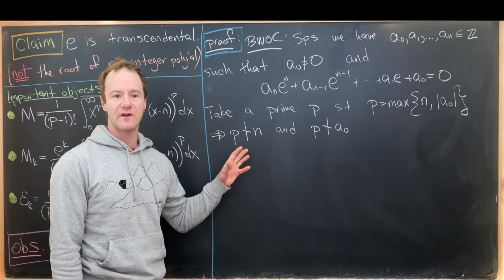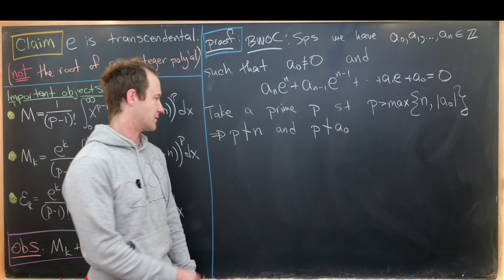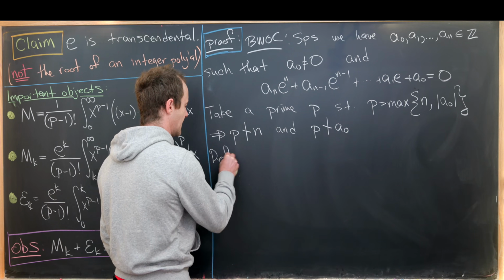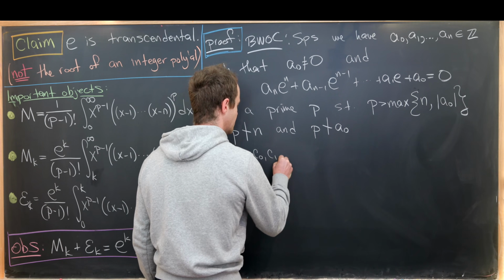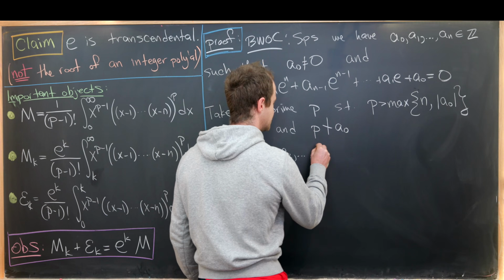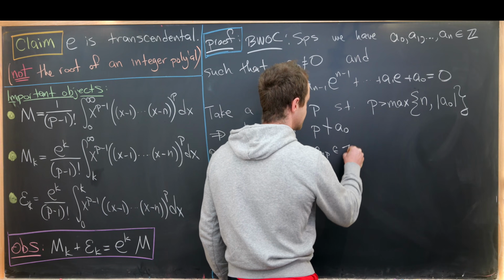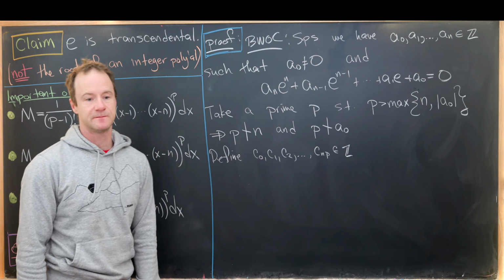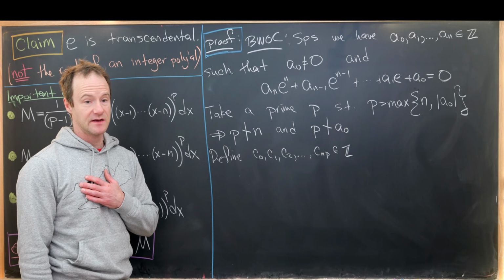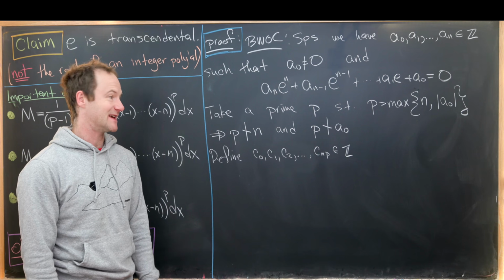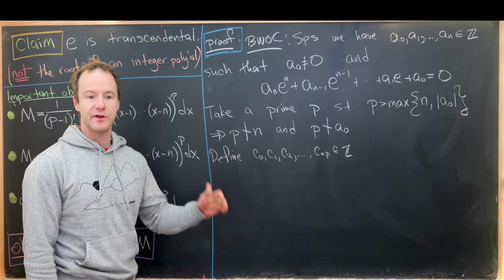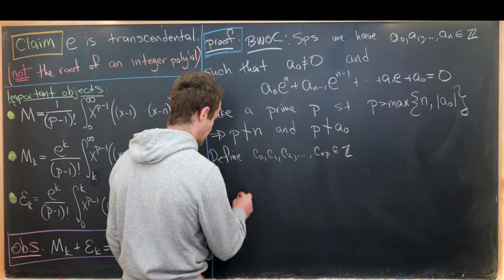Okay, so now that we've got this, I'm going to introduce some more numbers. So let's define C0, C1, C2, all the way up to C np. These are going to be all integers. And how are they defined? Well, they're going to be defined by the expansion of a certain polynomial. What polynomial? Let's go over it right now.